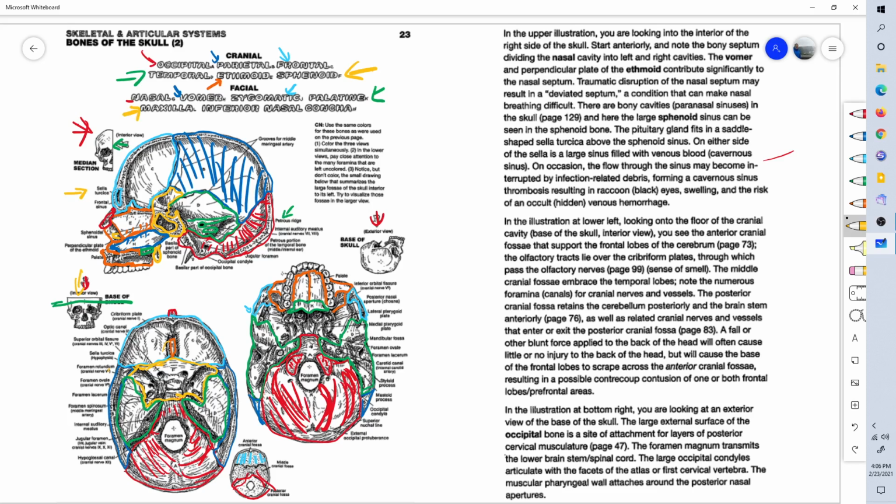Now let's head back a little bit to the sphenoid. That's the maxillary bone in orange. And round it out with the sphenoid bone from the inferior portion of the skull. There we go.